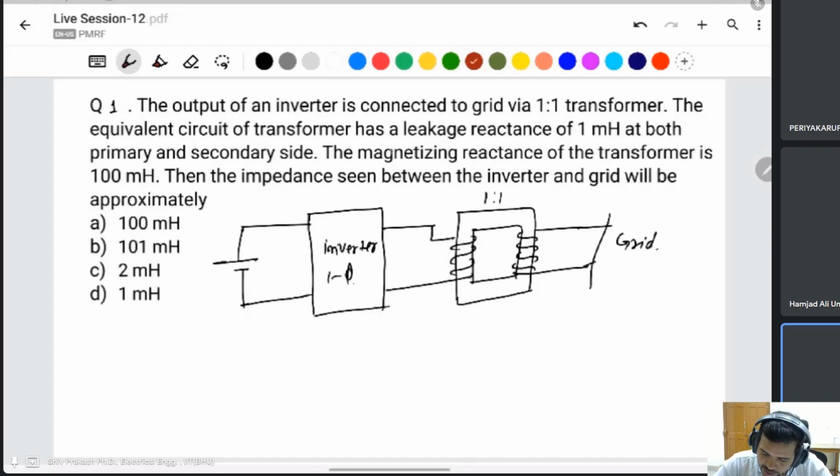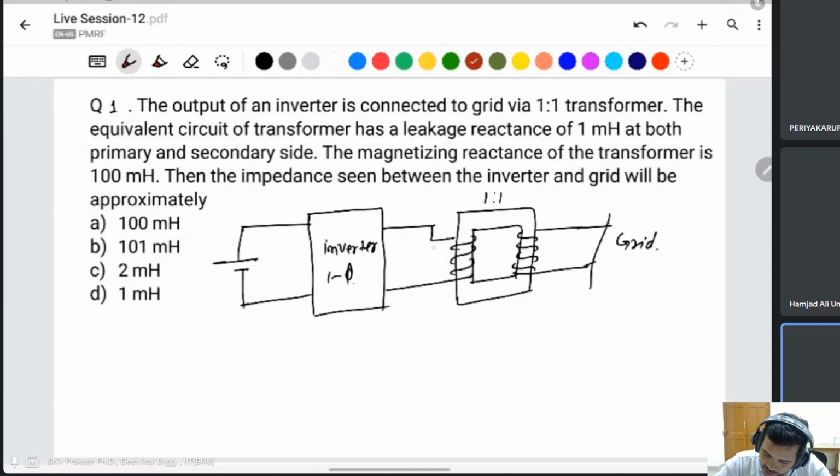The equivalent circuit transformer's leakage inductance is also given as 1 millihenry at both primary and secondary. It means 1 millihenry at primary and 1 millihenry at secondary side. The magnetizing reactance of the transformer is also given as 100 millihenry. Then the impedance seen between the inverter and the grid will be?